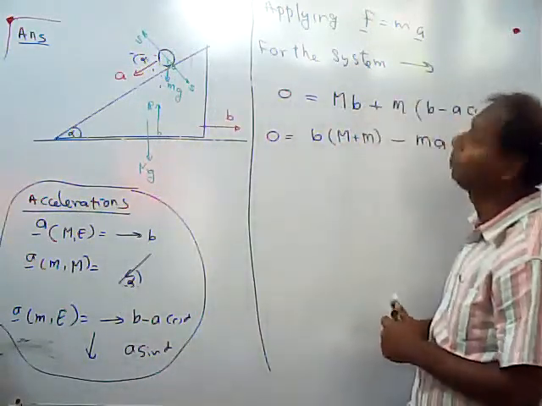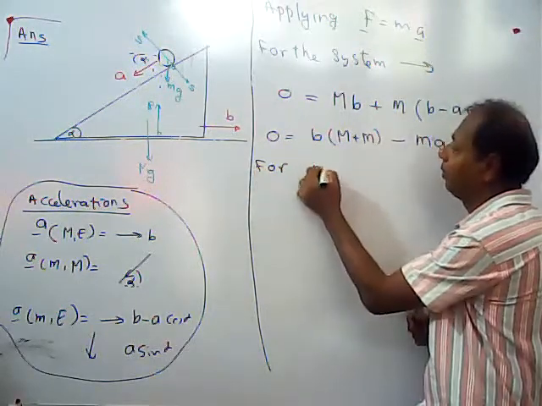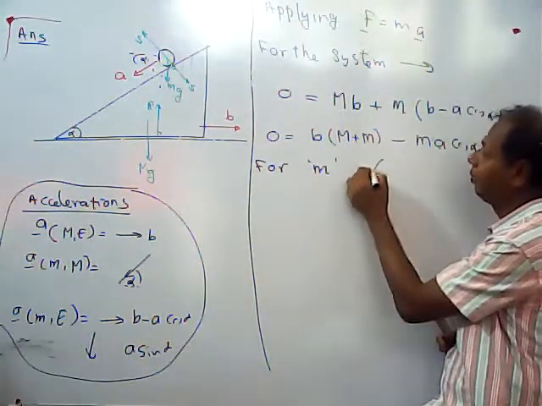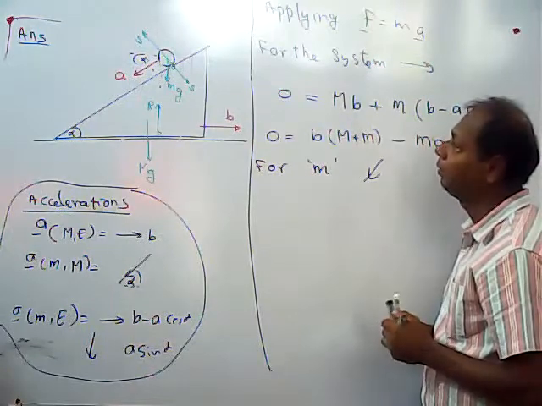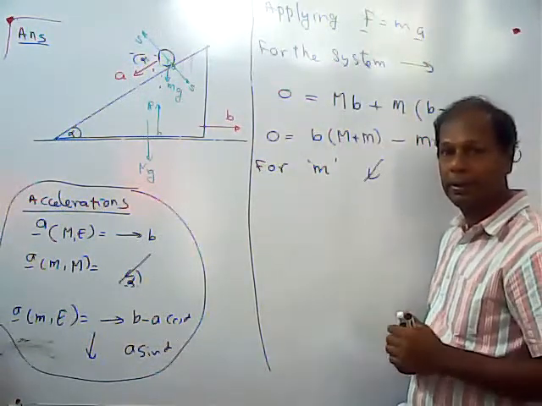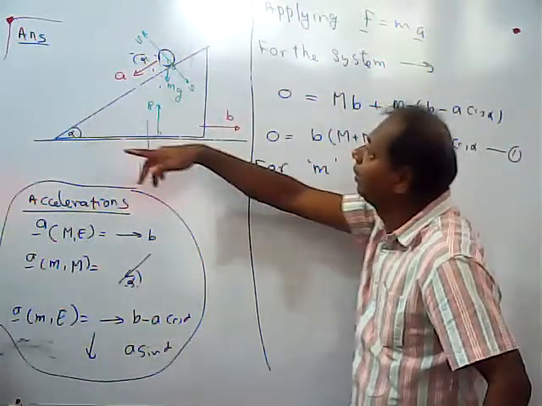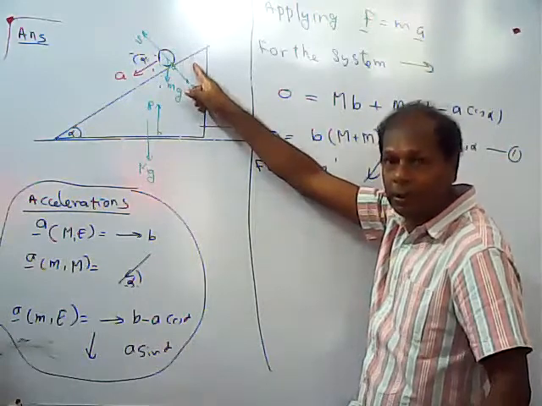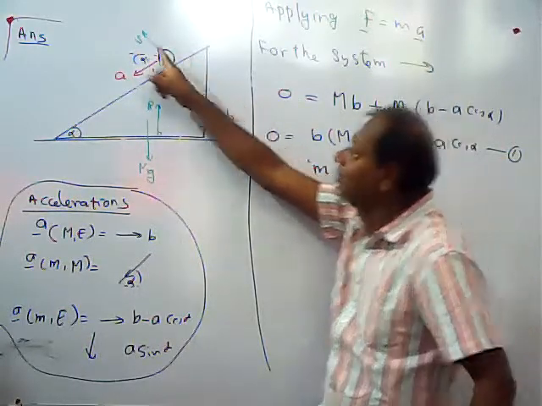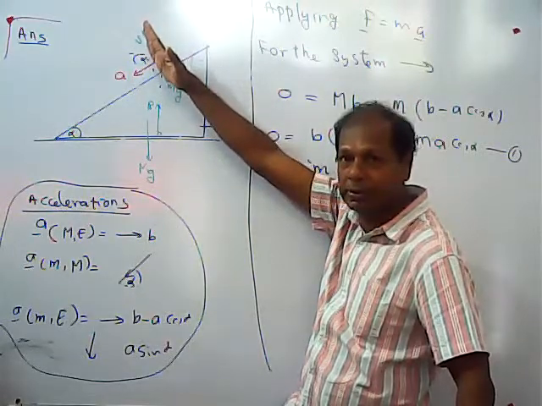So for equation number 2, we apply for the particle F = ma down the plane. The left hand side is the force acting on the particle in that direction. This S will not affect it, as it is in the perpendicular direction.